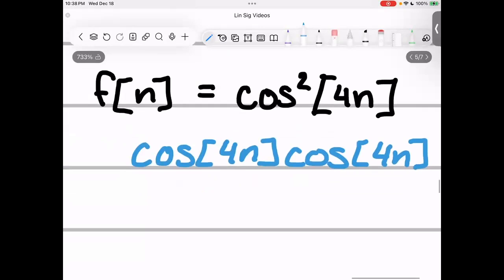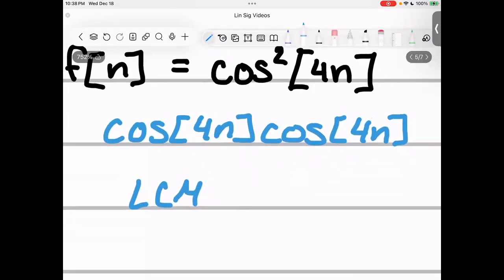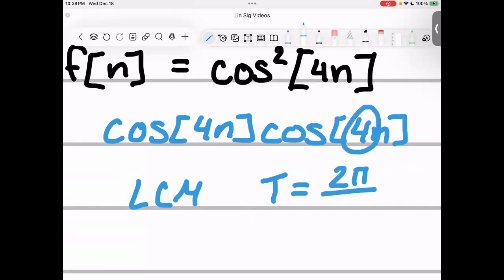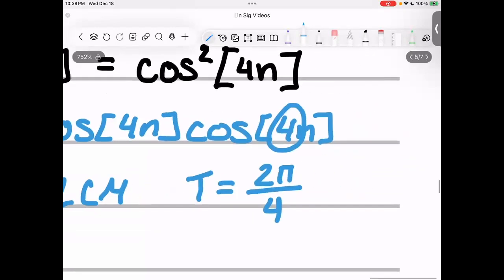We're going to find the least common multiple of these two functions, which is pretty nice because it's the same thing. We're going to get our period equals 2 pi over b. There's no pi here, so we're just going to do 2 pi over 4 equals pi over 2.